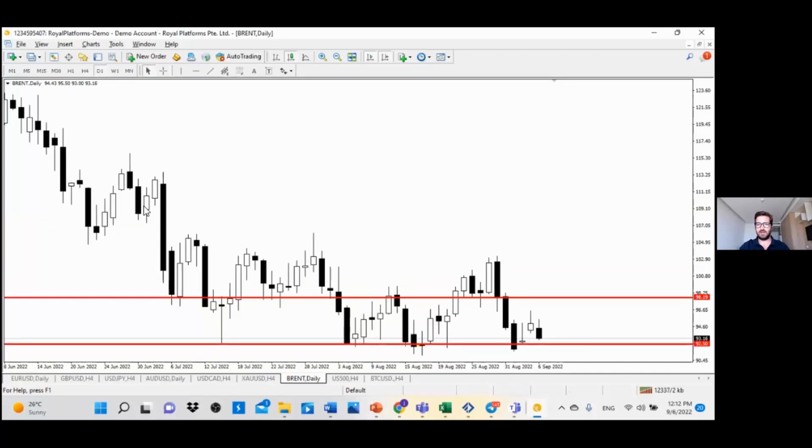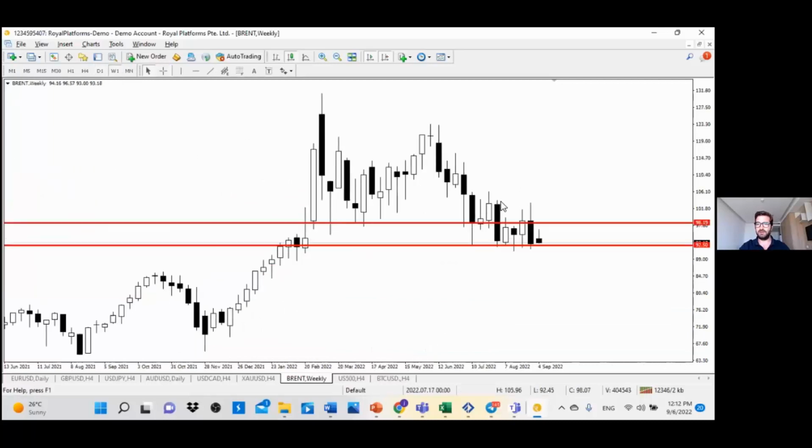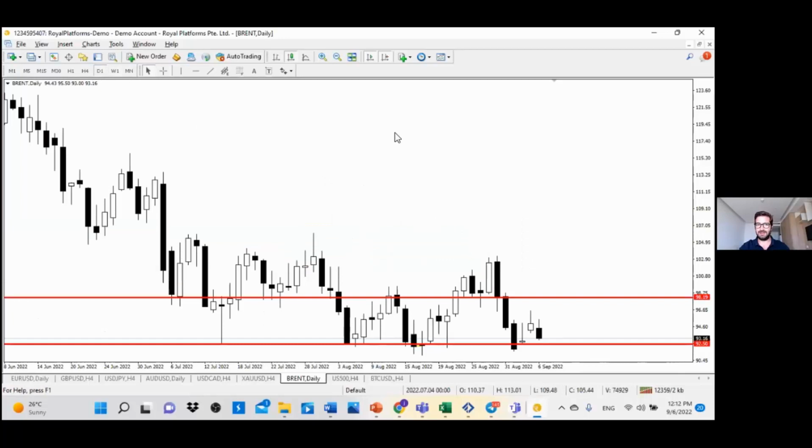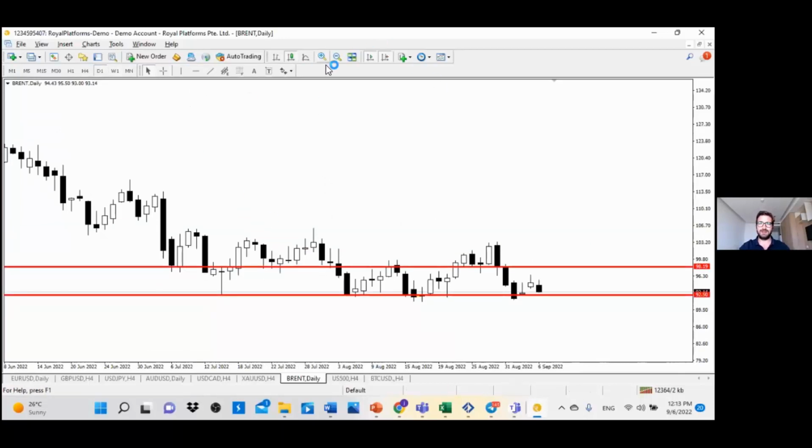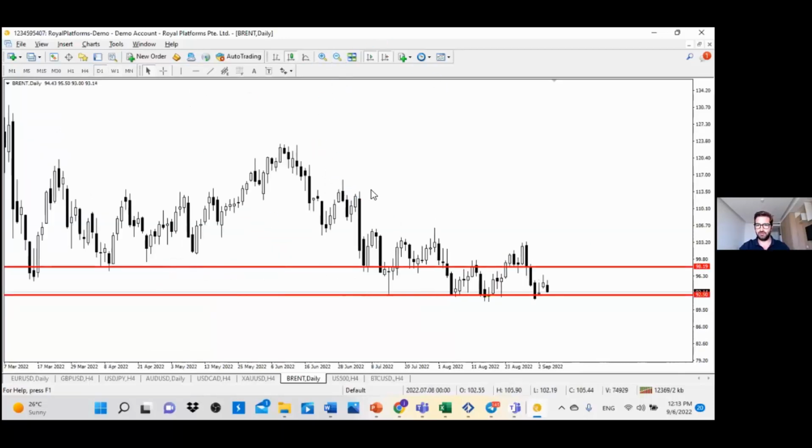But since we are in a downward movement, if we look at the higher time frame, which is weekly or daily, we can see that the market is in a clear downward movement, lower highs, lower lows, until it entered inside this range. But since we were in a downtrend, most probably the market will continue its move to the downside.